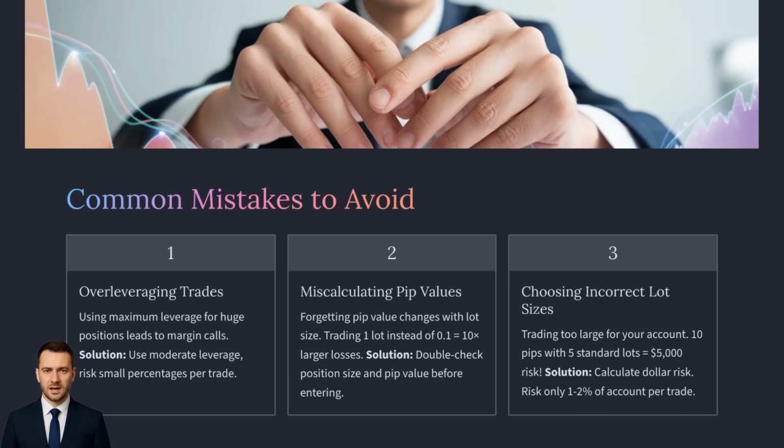A good rule of thumb is to risk only a small percentage of your account on any trade, commonly 1 to 2%. Adjust your lot size so that stop loss in pips x pip value equals your acceptable risk. This way you won't accidentally bet the farm on one trade. By steering clear of these mistakes, you will use pips, lots, and leverage as the helpful tools they are, rather than letting them work against you.